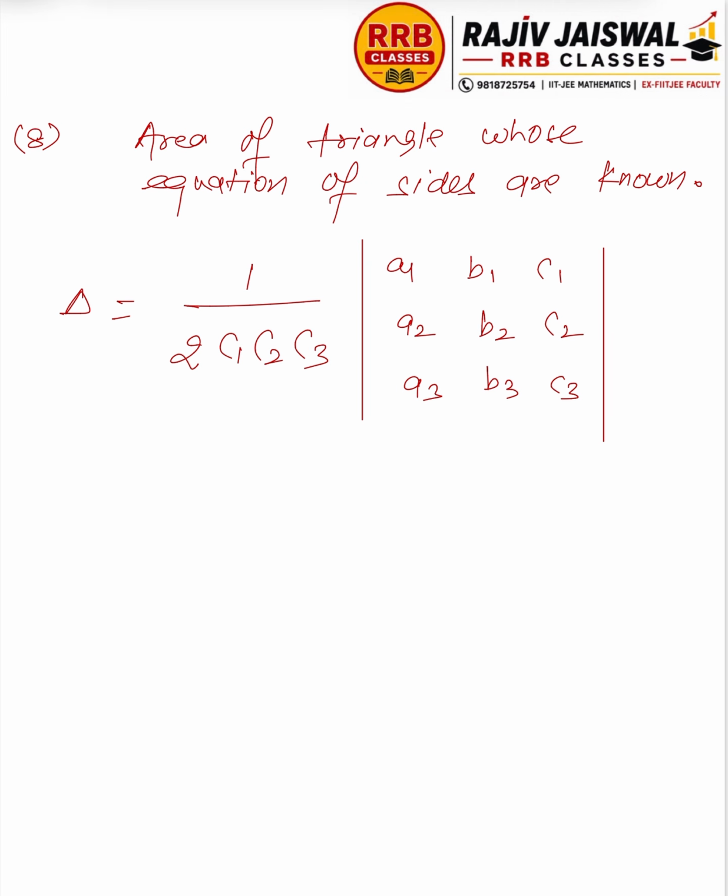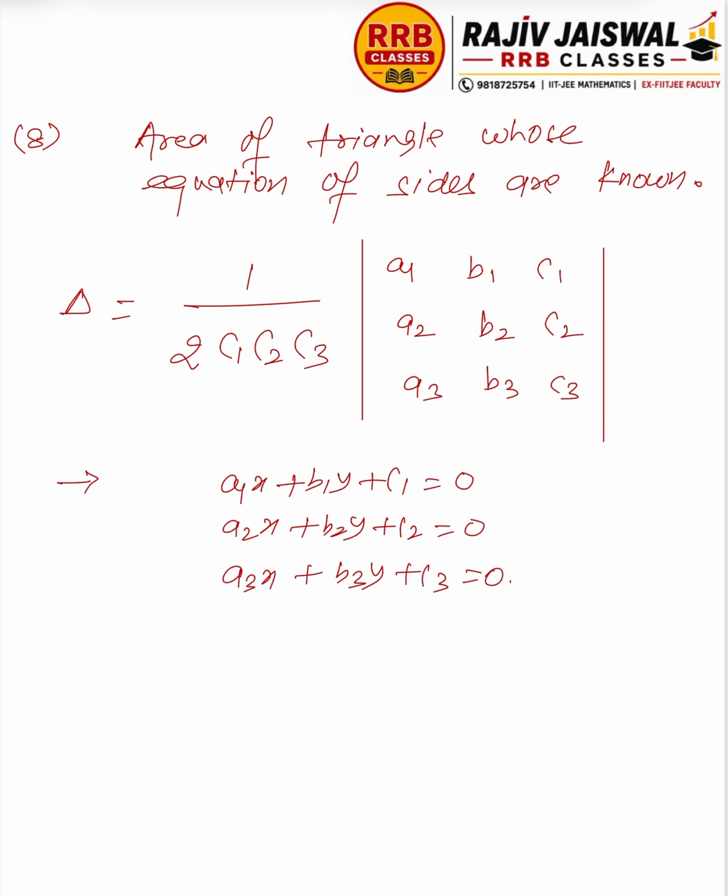If you are in class 11th, you can skip this result, but if you are in class 12th or you are from dropper batch, you can remember this formula. And what is C1, C2, C3? Actually here the equations of lines are A1x plus B1y plus C1 equal to 0, A2x plus B2y plus C2 equal to 0, and A3x plus B3y plus C3 equal to 0.